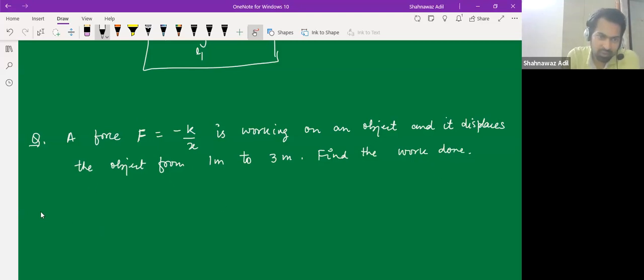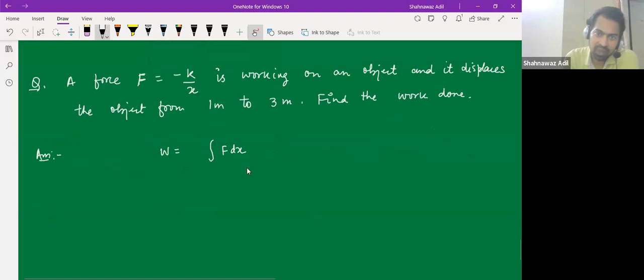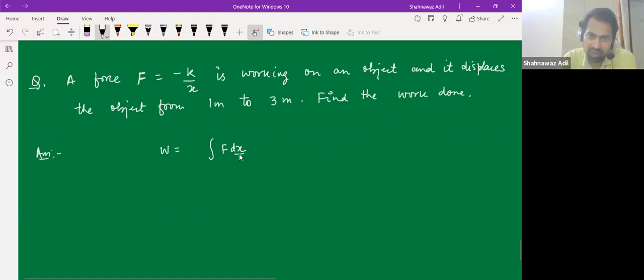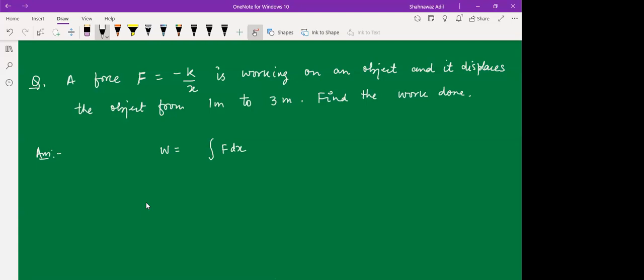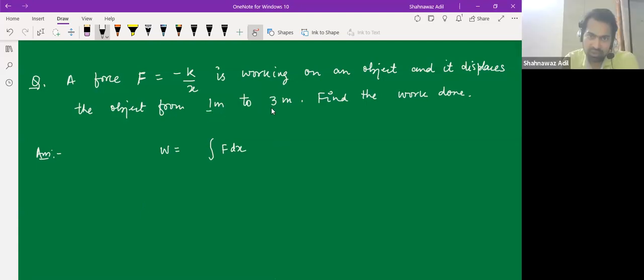So work done would be the integral of F, and this is in the x direction, so F dx. And what would be the limit of the integral? Limit of x. So the limit is 1 to 3 meters.